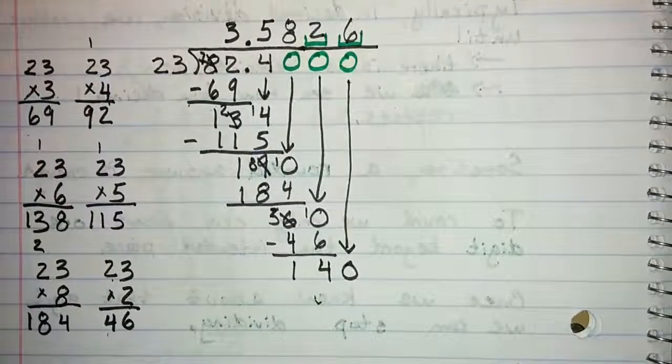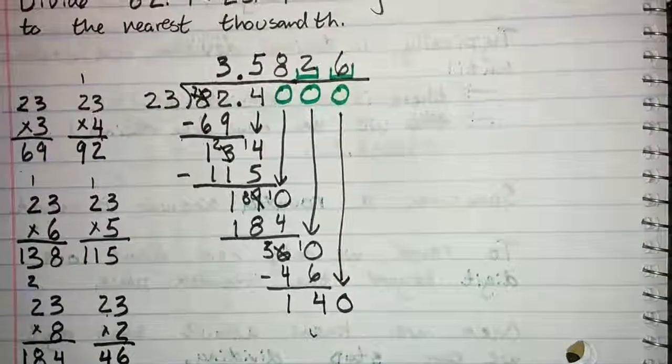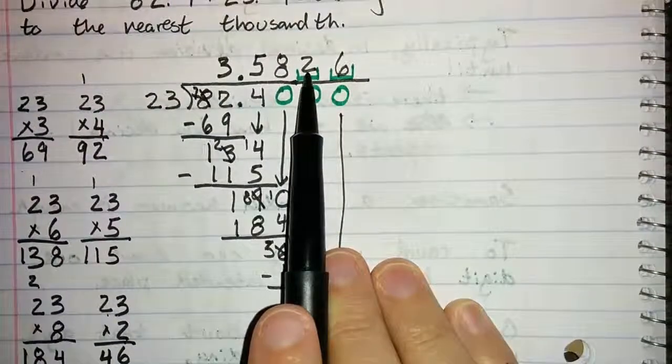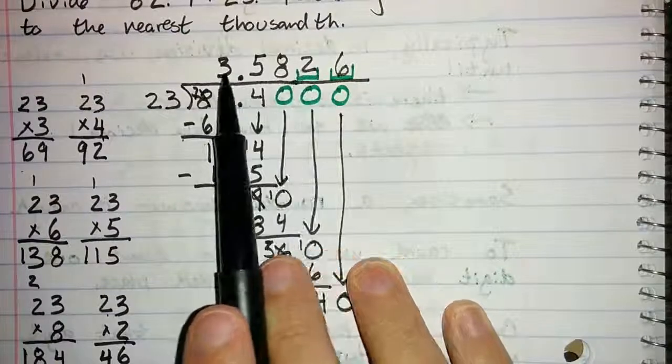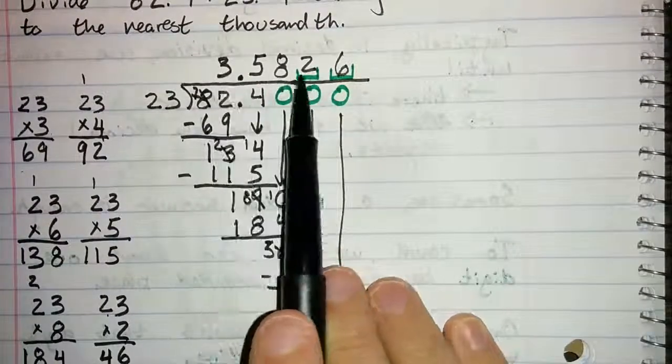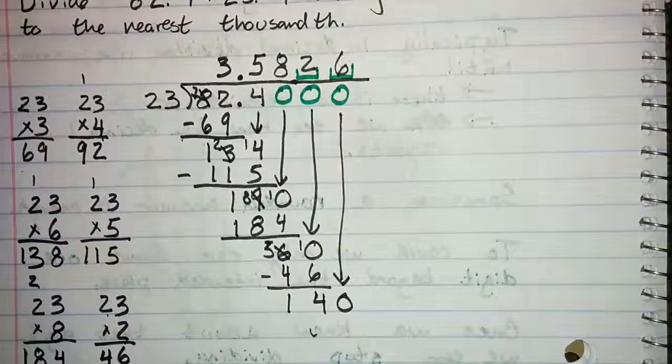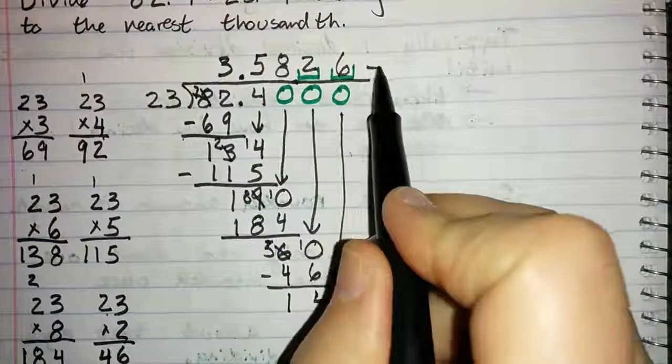And now I stop. Right, because I'm rounding to the nearest thousandths. This number is between 3.582 and 3.583, and the 6 in the next place tells me to round up.